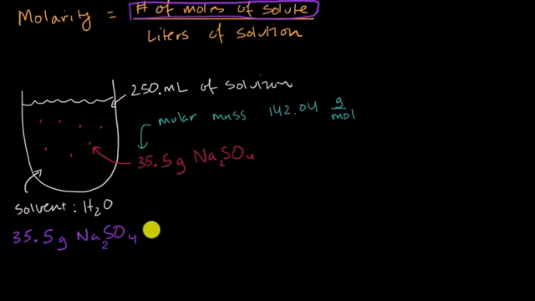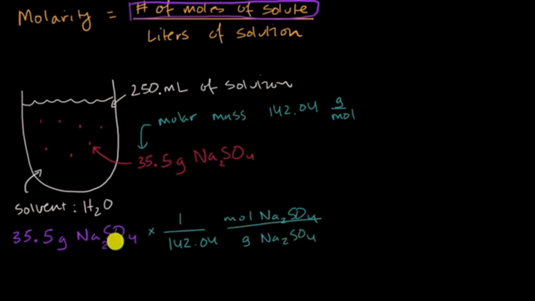And so I could multiply this times, for every 1 mole of sodium sulfate, Na2SO4, we have 142.04 grams of sodium sulfate. And you can see very clearly that that will cancel with that, and we're left with moles of sodium sulfate.